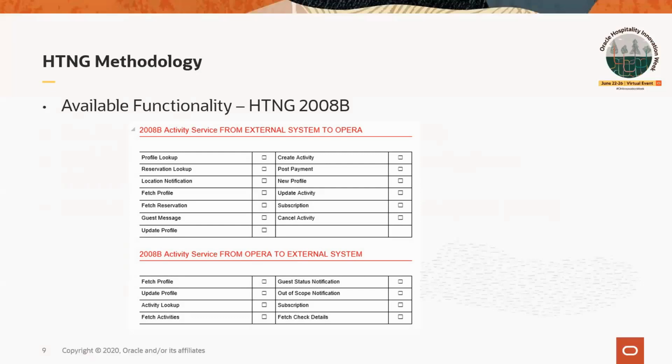An activity system would use the reservation lookup, the fetch reservation, create, update, cancel activity, as well as consume the guest status notification message, which allows for the ability to push reservations out from Opera. The fetch check details allows for the check in the HTNG system to be displayed on the Opera screen. Please note it is currently limited to Opera 5.